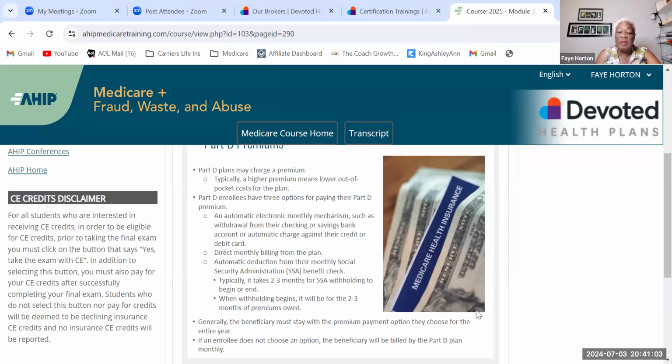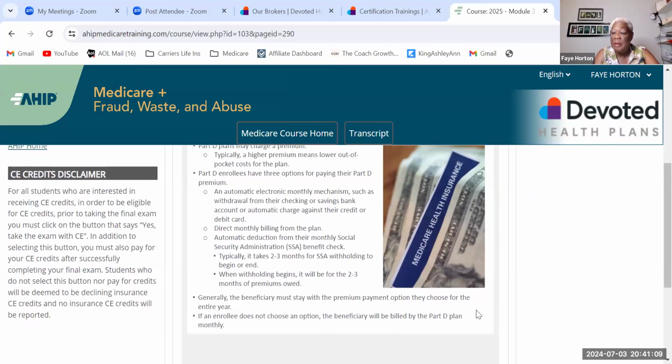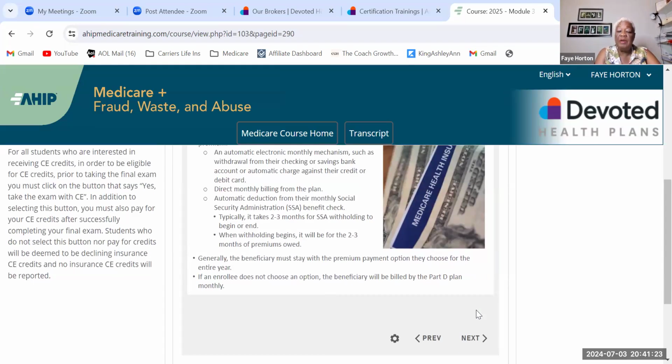When the withholding begins, it will be for the 2 to 3 months of premiums that are already owed. So they'll adjust. Generally, the beneficiary must stay with the premium payment option they choose for the entire year. If an enrollee does not choose an option, the beneficiary will be billed by the Part D plan monthly.